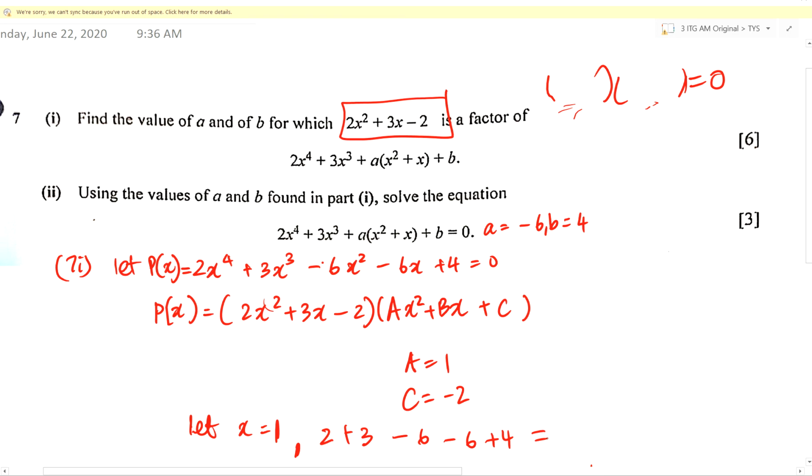That's after I substitute 1 inside, and it has to be equal to this expression at the bottom: 2 plus 3 minus 2, open bracket, a I know is 1 already, 1 times 1 squared is 1, plus b times 1 is b, minus 2.